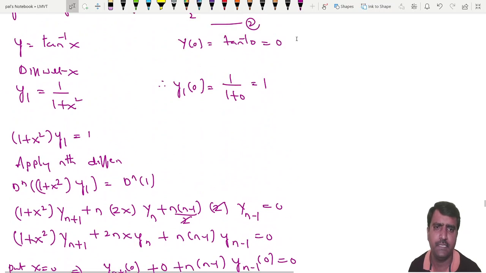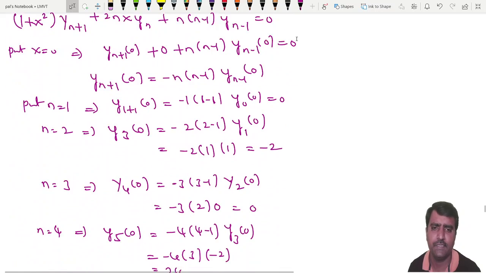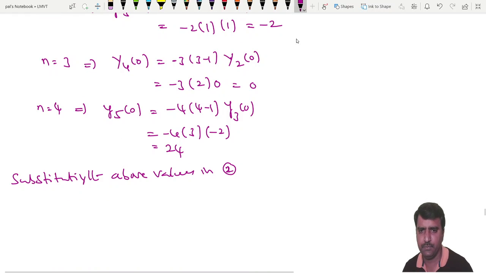Substituting all these values in equation 2, it gives tan inverse of x. So tan inverse of x is equal to, you obtain tan inverse of x because y is tan inverse of x.